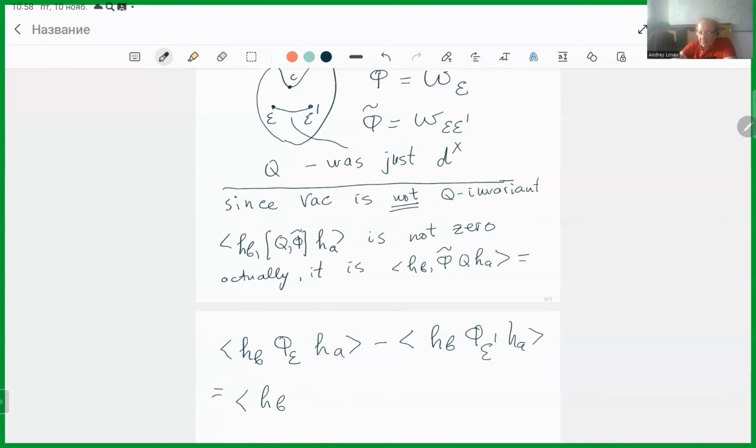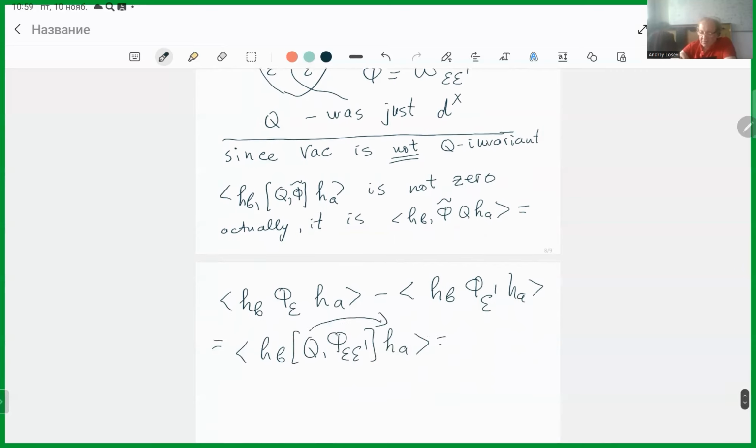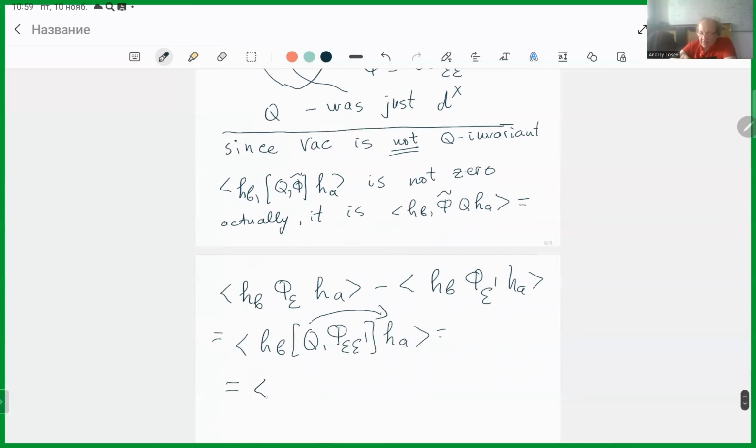Say B, this is Q phi E prime. Now I take Q out of it and hit on HA. Now this is HB phi E prime QHA. So QHB equals 0.